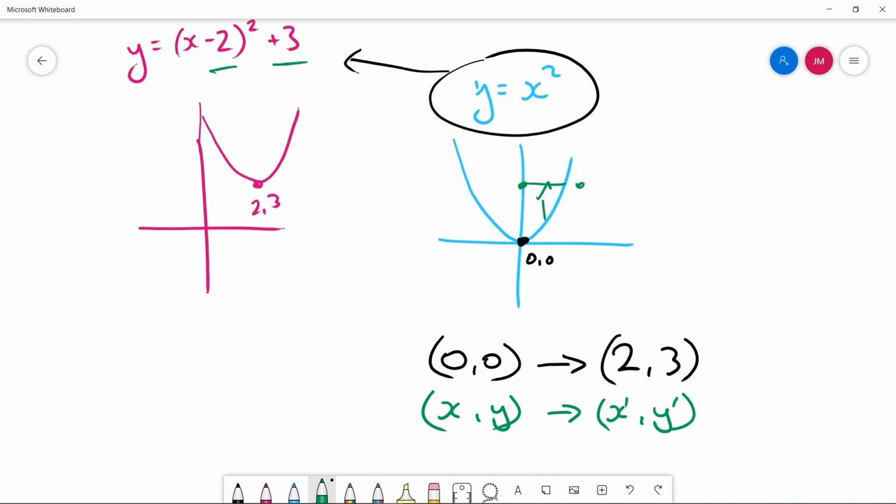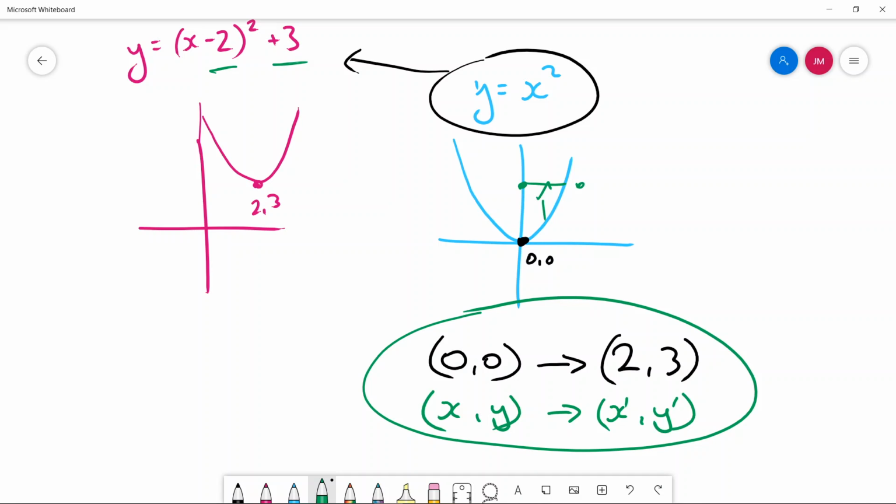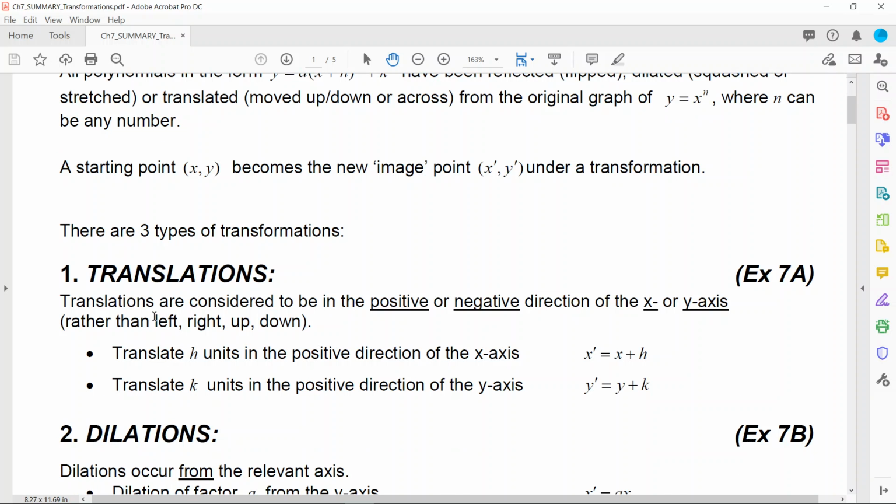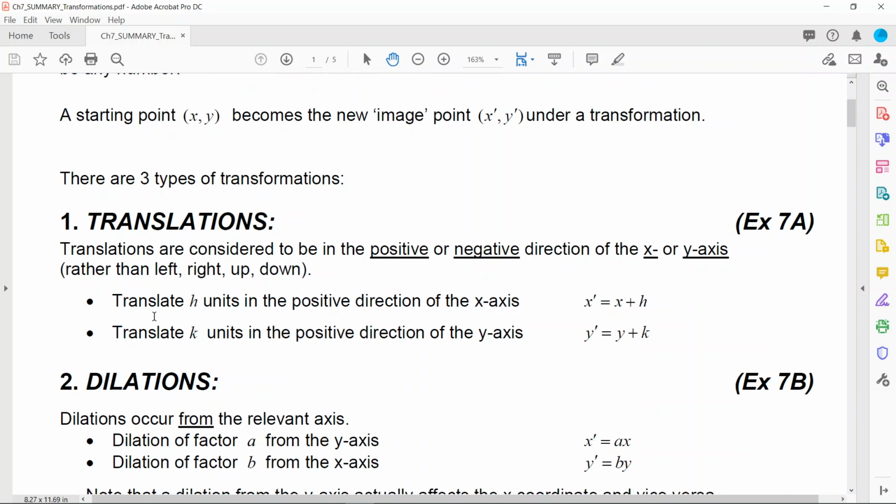That point has been moved up 3 units and 2 across. That's what we're trying to introduce with this new terminology. The benefit of doing it this way is that when we start looking at functions, we don't have to remember little techniques like, do we swap the x and y's, or swap the positive to a negative for the x's and keep the y's the same. It makes sense when we start looking at some more practical examples.